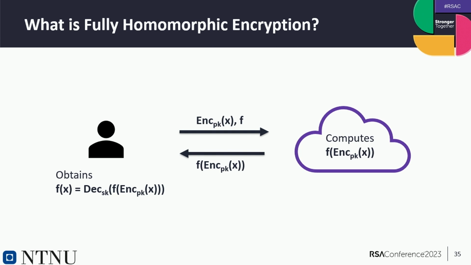We have some provider who could perform that computation for her, but Alice doesn't want that provider to see her data. Then fully homomorphic encryption allows her to encrypt her data, send it over, and then on the server, the function can be evaluated on the encrypted data. That still encrypted result is sent back to Alice, who decrypts it and gets the plaintext evaluation of the function on her data that she wanted.